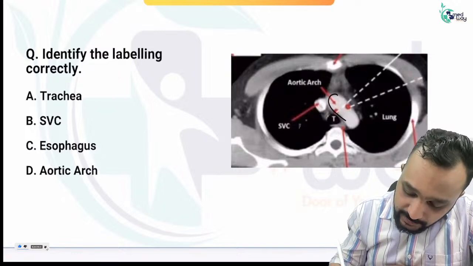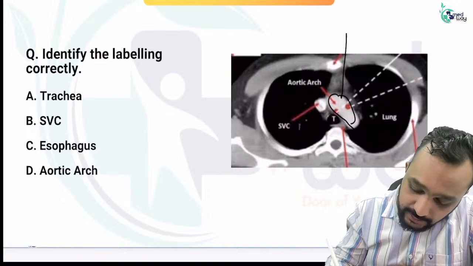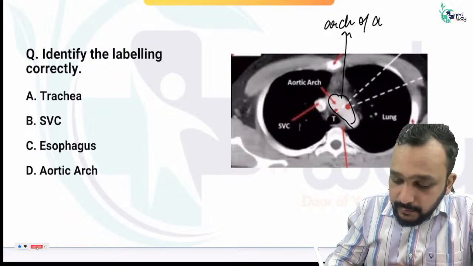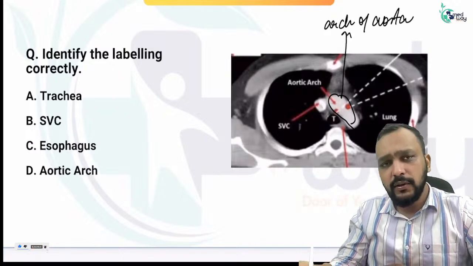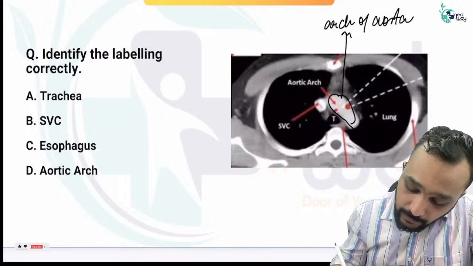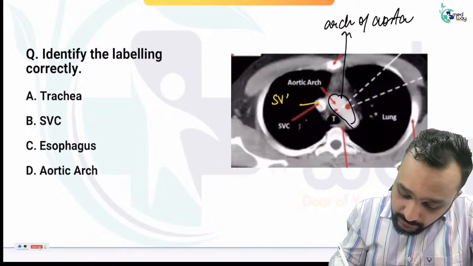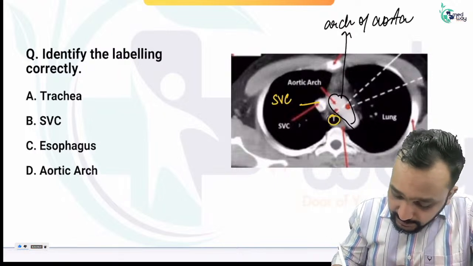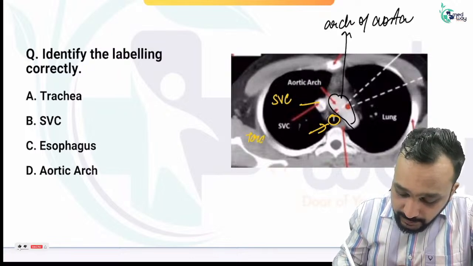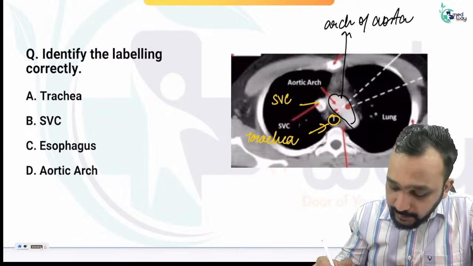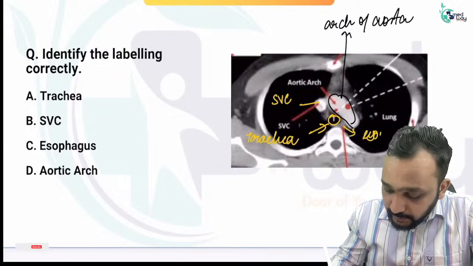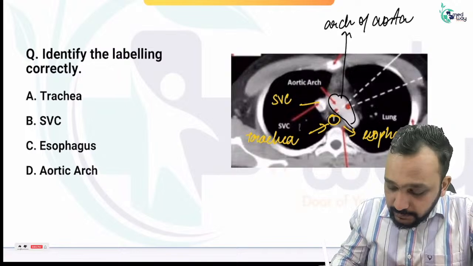The structure seen here is the arch of aorta. So cross section at the level of mediastinum was always important. Then this is your superior vena cava, a black structure that you can see in the midline. This is the trachea, and just adjacent to trachea, this is the esophagus. So these are important parts.